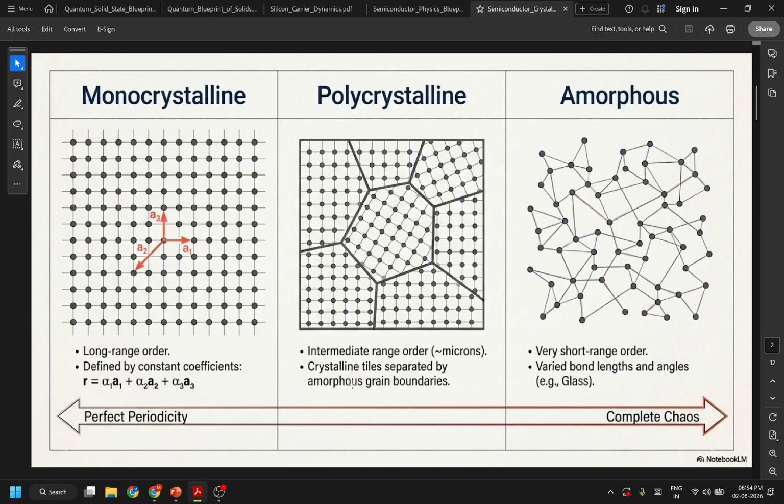Polycrystalline have intermediate range order, so they have periodicity in smaller regions, and different regions are not in sync with each other. There are crystalline tiles separated by amorphous grain boundaries. Each region is crystalline, and the region between them is amorphous and called grain boundaries.